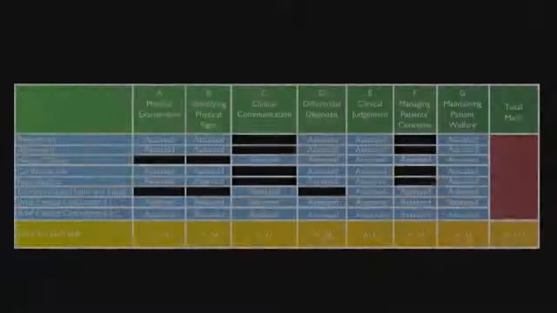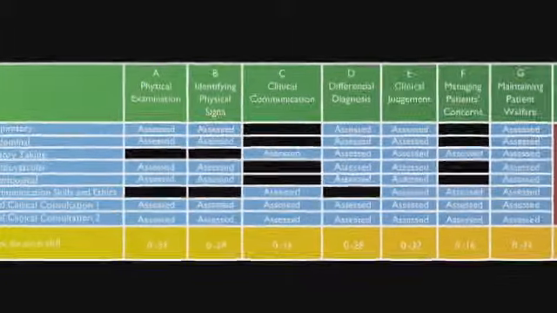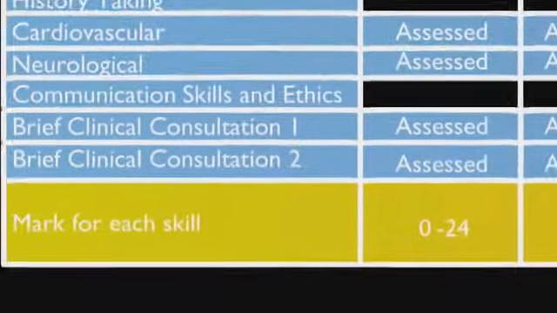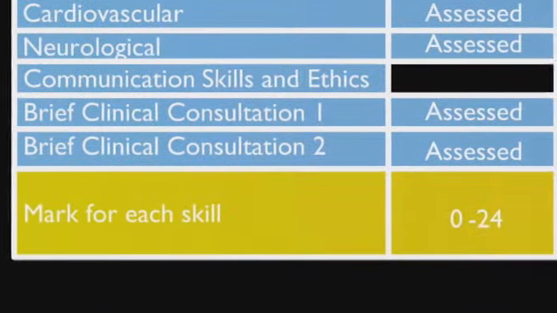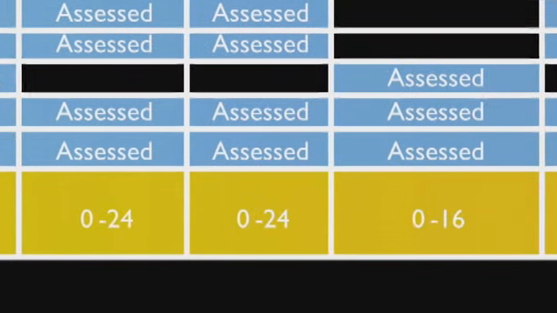After each candidate has moved through the 5 stations and 8 encounters of their PACES cycle, a large amount of information has been gathered about their performance on each of the 7 clinical skills. This slide shows how the marks are tabulated for the 7 skills. Note that a total mark for each skill, shown in the separate columns, can be derived from the sum of the separate marks at each encounter.